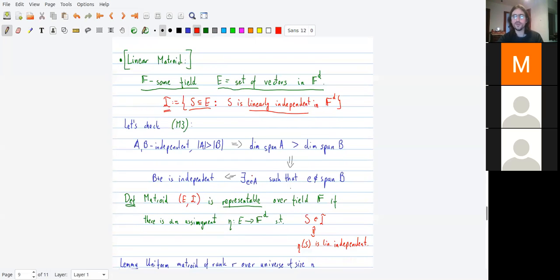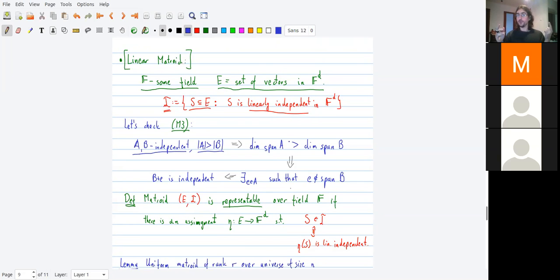So let's check the exchange property, the M3. If I have two independent sets in this family, so two sets of vectors that are linearly independent, and one is larger than the other, then this means that the first set of vectors, because they are linearly independent, spans some linear subspace. The second one also spans some linear subspace.